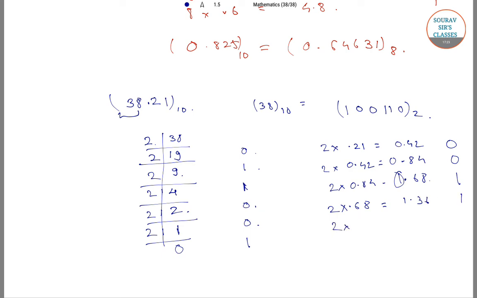Now 2 into 0.36 equals 0.72, again 0. It will continue further, but we are only taking up to 5 places, so the answer would be 100110.00110 base 2.